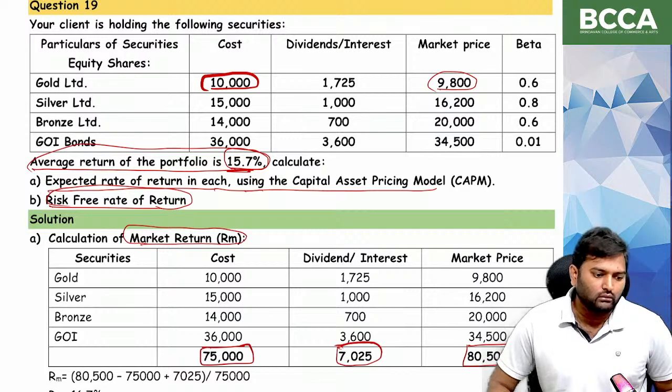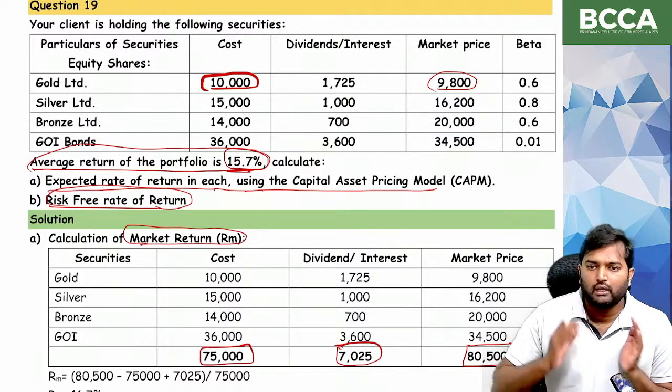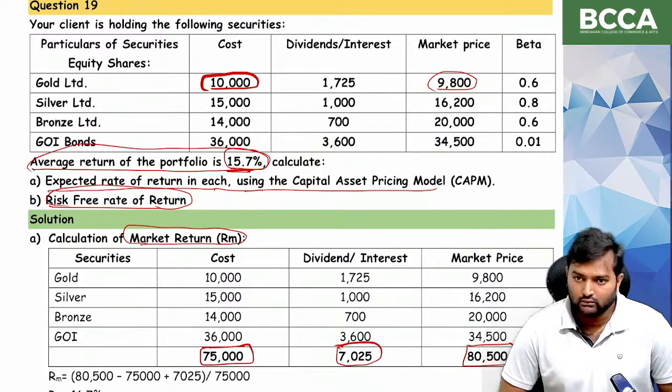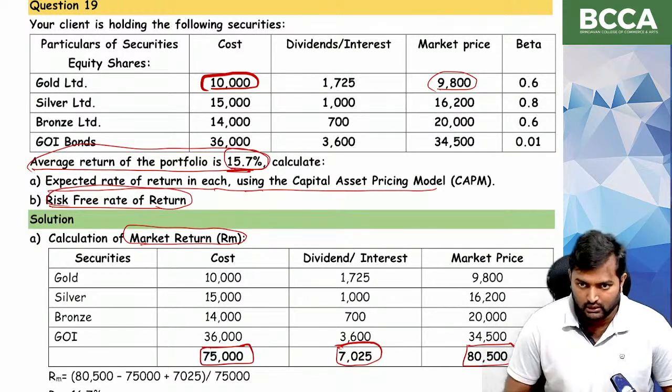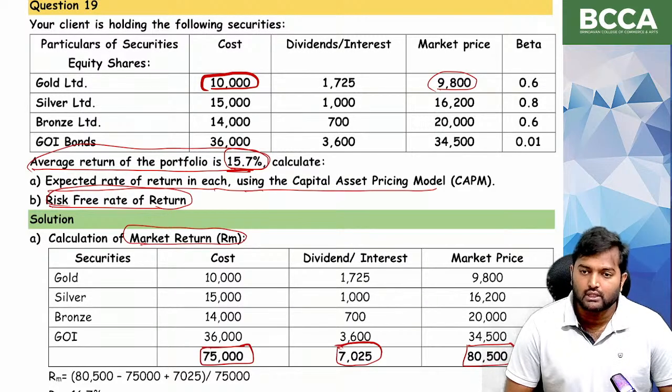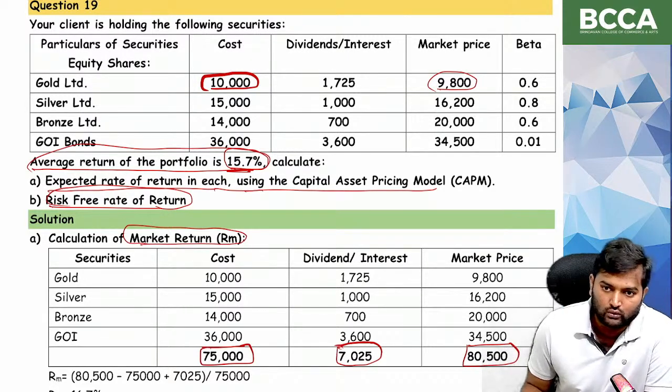Now, we made an investment of 75,000 and that investment value has increased to 80,500, capital appreciation, and meanwhile we have received dividend or interest of 7025. What is the rate of return we have received?